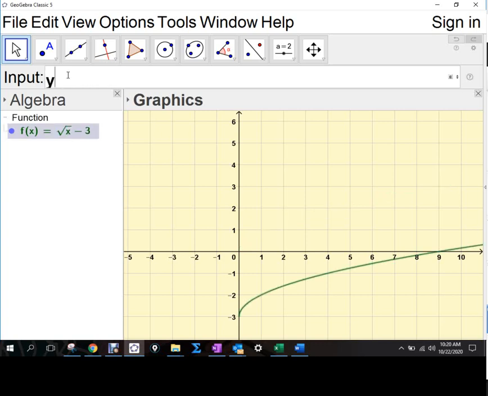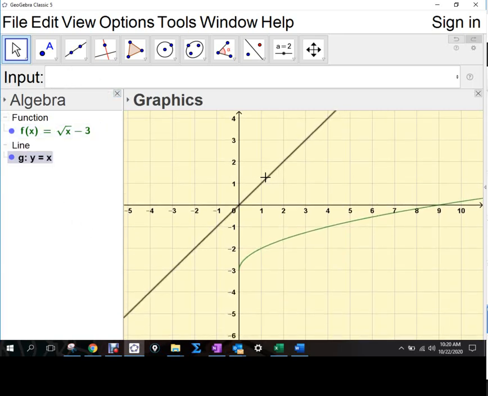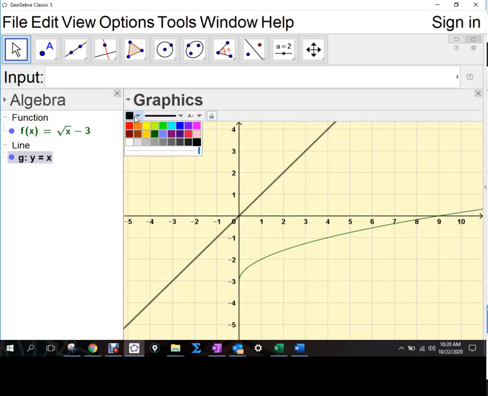And then I'll have just the line y equals x. So I have those two things.